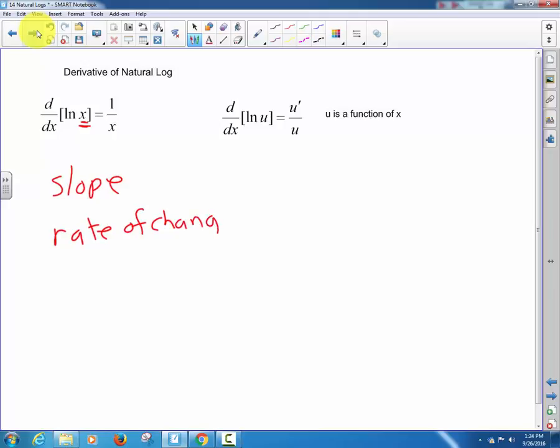Now, what if it's something other than x in there? Like several of them we've already listed out. We had the ln of x squared plus 1, or the ln of something like that. That's what I've got written over here. If the argument is something other than x, it's 1 over the argument times the derivative of the argument, or the derivative of the argument over the argument itself.